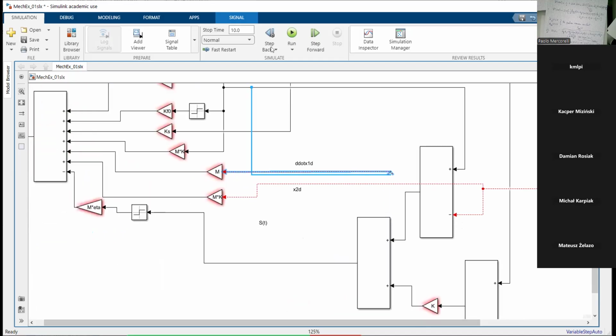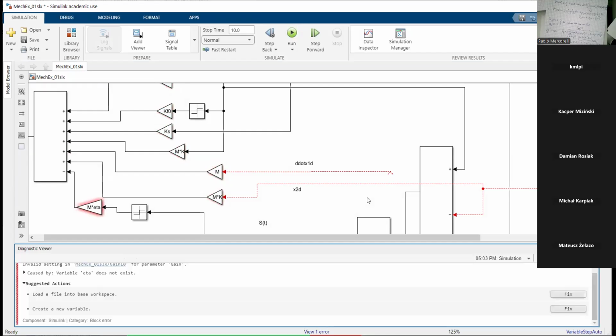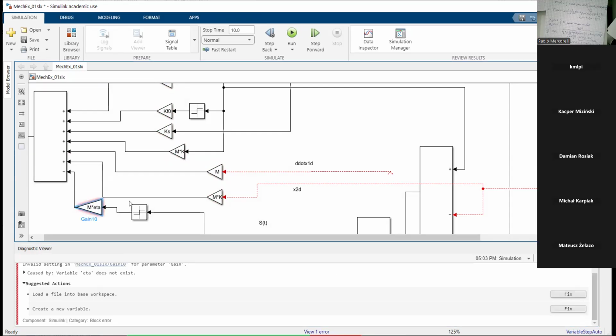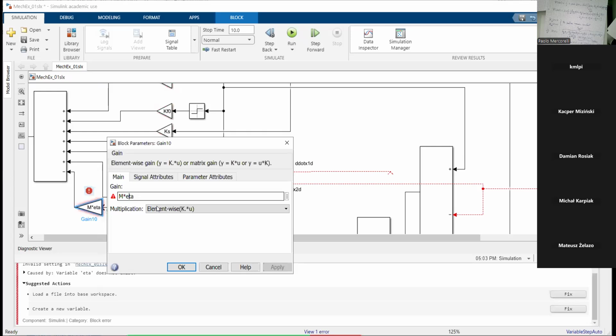Let me see if I forgot something. Yeah, okay, I see eta. I wrote it capitalized, so let me write eta here. Let me look at what happens.